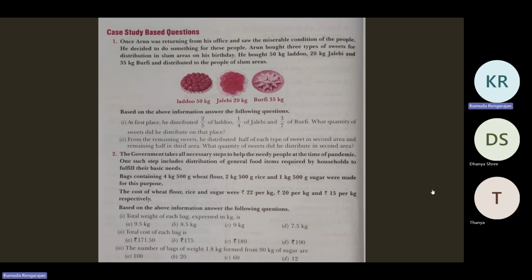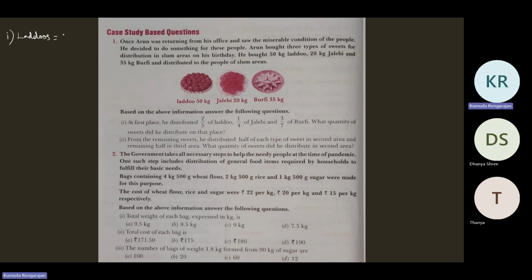So how much is 2/5 of the laddus he purchased? 20, ma'am. Correct.